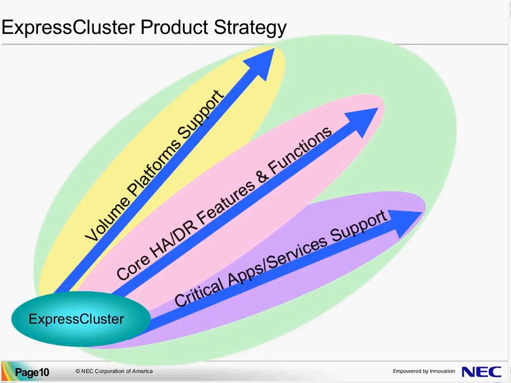And the third area is target application and services support. So ExpressCluster is very focused on providing integrated support or streamlined support for key applications that customers run on the volume platforms.